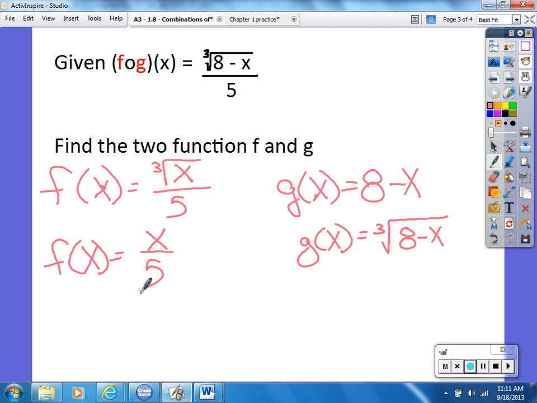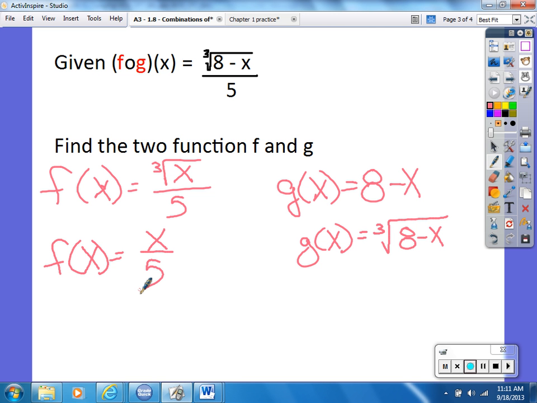But I need to replace that function with something, so I'll replace it with the x. What I did was I pulled it apart and made it two separate functions. That's all I'm trying to do. I'm trying to make it two separate functions that I can then combine back to that.